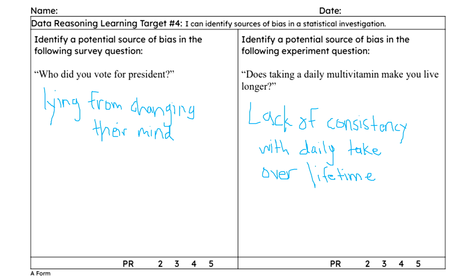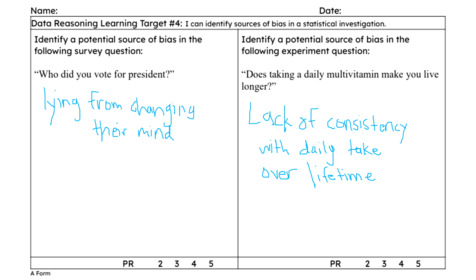So maybe those people who take a multivitamin also exercise very regularly, on average more than the group that doesn't. So there could be other life factors as well that are introducing bias or some inaccurate results into the investigation.